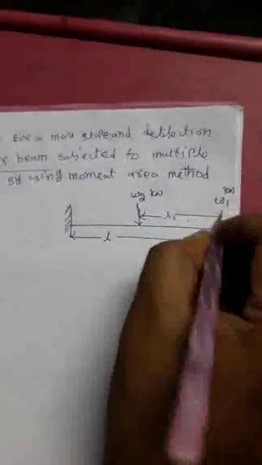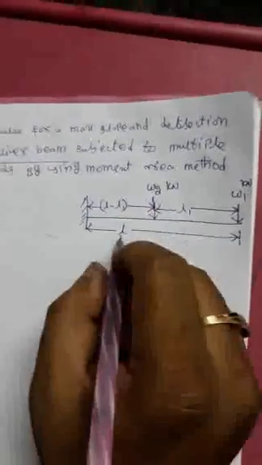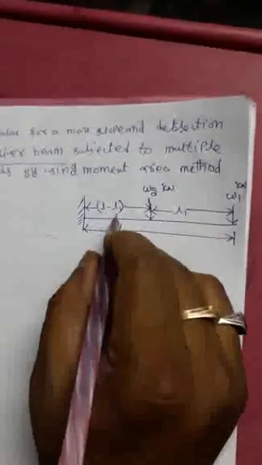So this span length is L1, and the remaining span is L minus L1, which can also be denoted as L1. If the span length is 4 meters, then this L1 span is 2 meters and the L minus L1 span is 2 meters. Why?